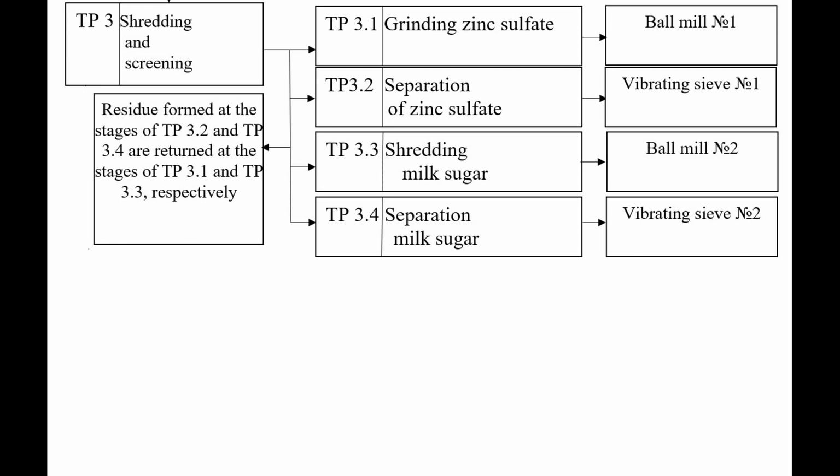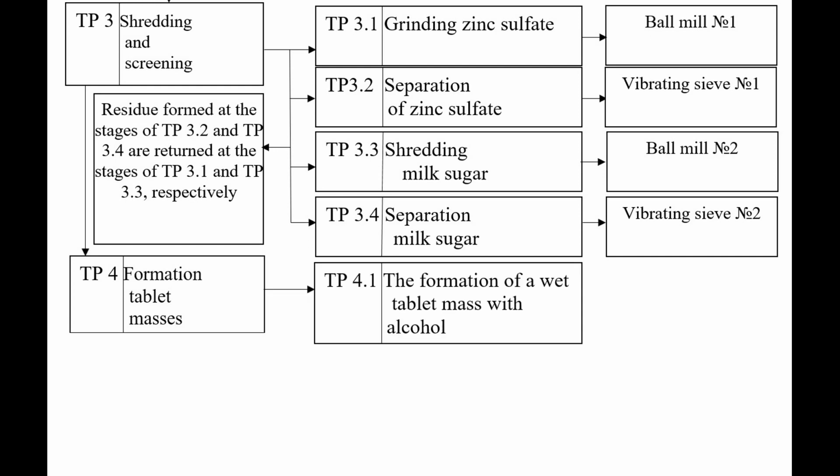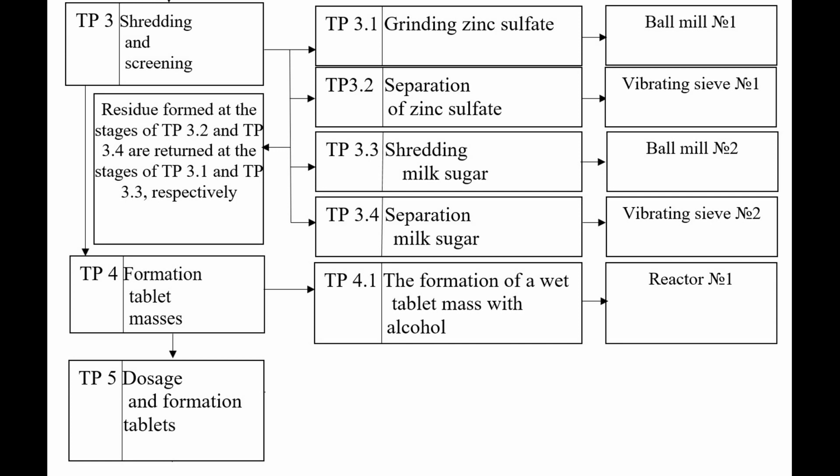In our technological scheme, the next item will be the technological process of mass formation, from which one dose of the drug in the form of a tablet will be further formed. For this, a moistened mass is formed in the reactor. After receiving the moistened mass, tablets are formed from it.